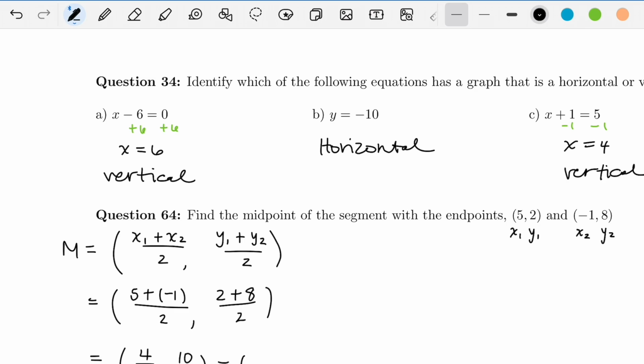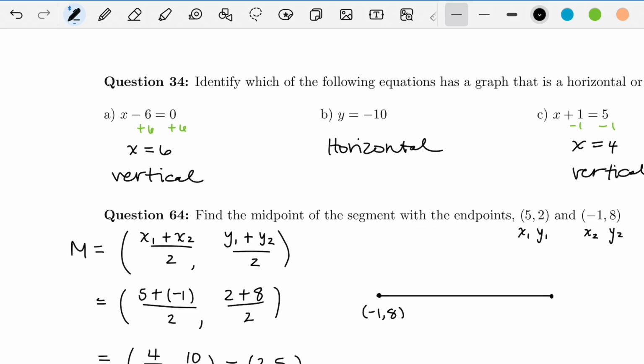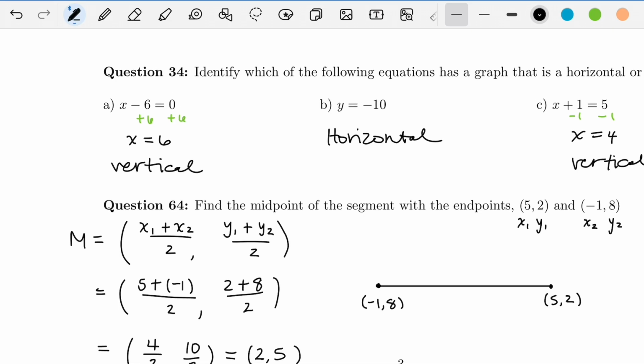So our midpoint coordinate is going to be (2, 5). So if we're looking at a line here, let's say this point is (-1, 8), and this point here is (5, 2). Then exactly between these points, the midpoint would be this point, (2, 5) here.